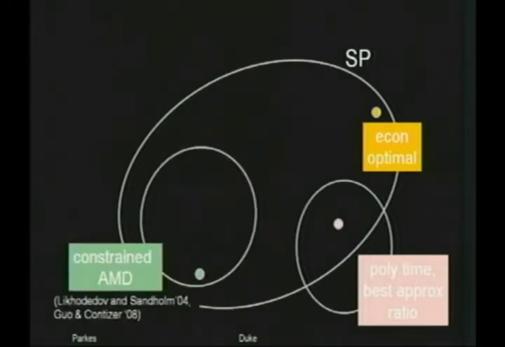We might say that we're going to do something called constrained automated mechanism design. So we're going to search through a parameterized family of algorithmic rules, knowing that whatever we pick will be truthful.